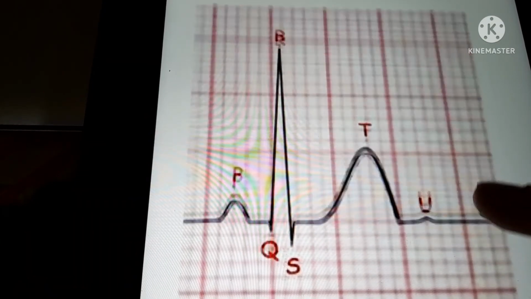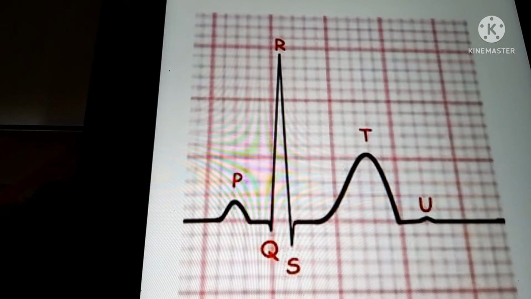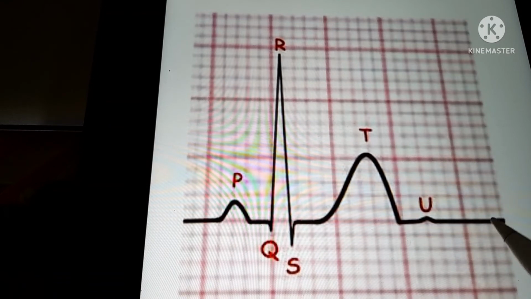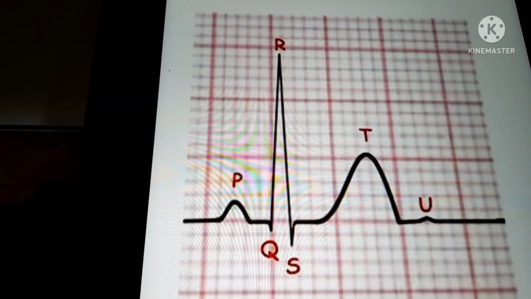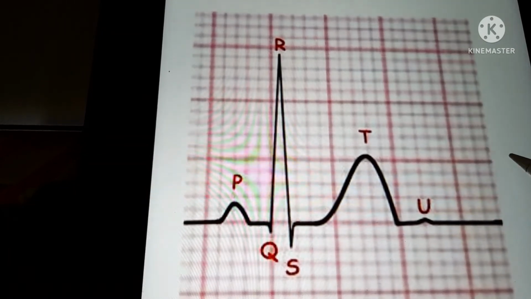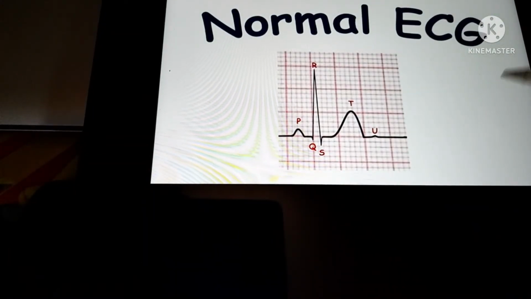So before concluding this blog, we have come to know that an ECG has a proper standardization of two large boxes. Speed of the paper should be 25 millimeter per second. One small box is 1 millimeter, one large box is 5 millimeter, and one small box in terms of voltage is equal to 0.1 millivolt.